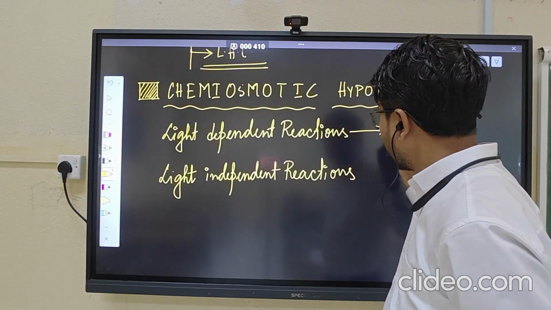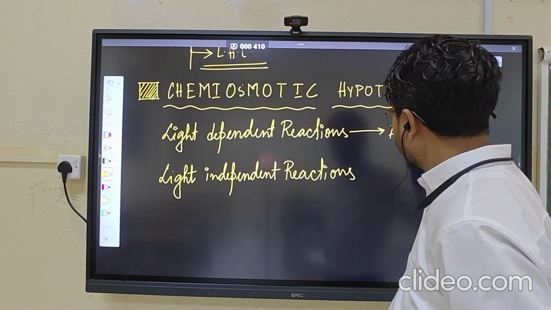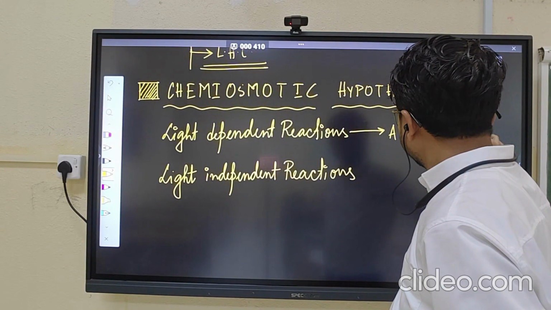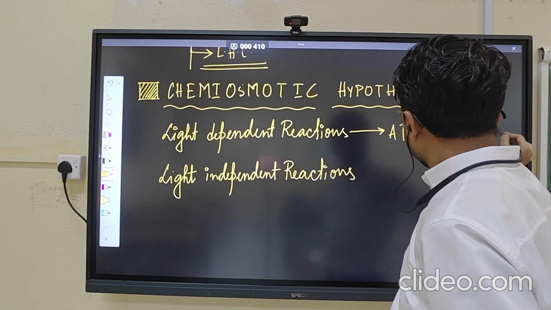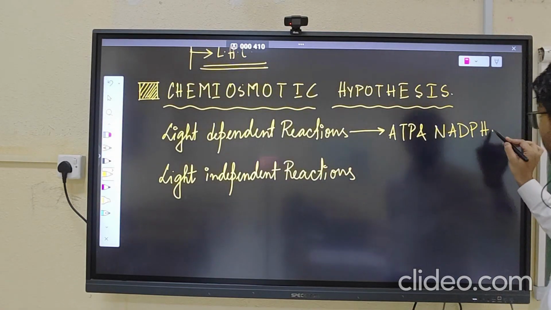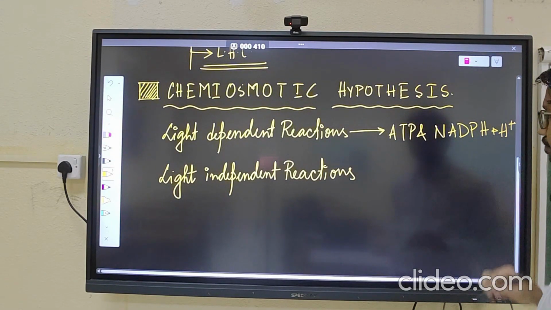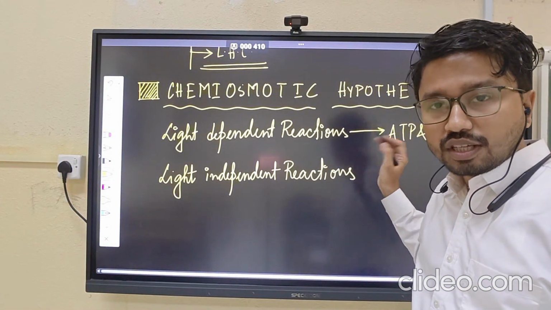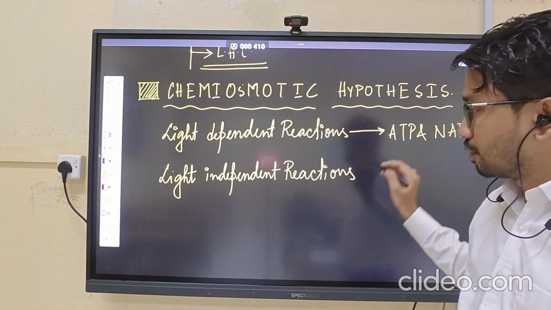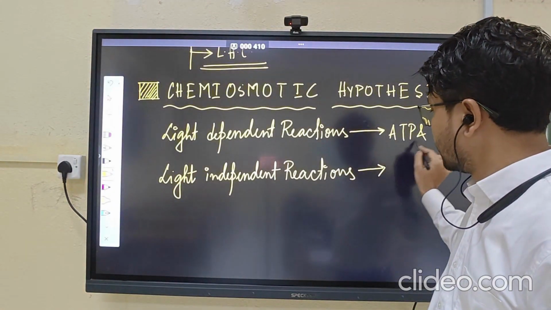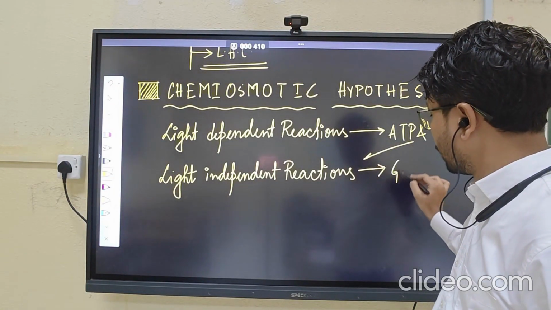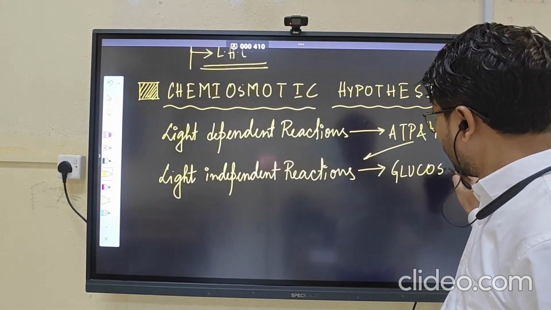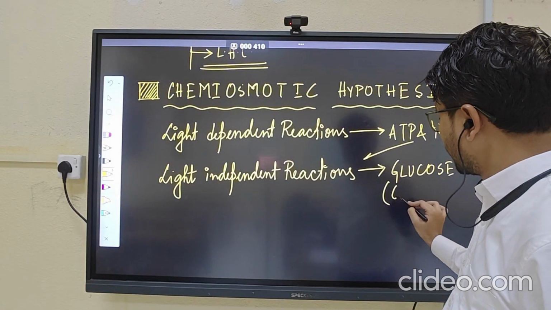So light dependent reactions result in the synthesis of ATP and NADPH, basically NADPH plus H plus. These two products are utilized in the synthesis of glucose in the light independent reactions. They are utilized for the synthesis of glucose, the target molecule of photosynthesis.